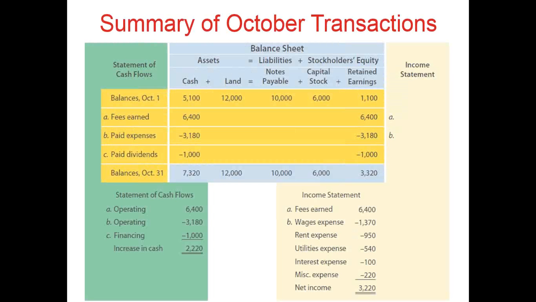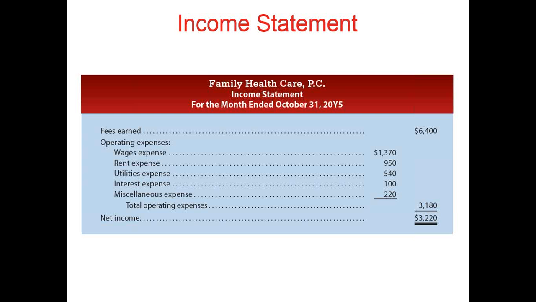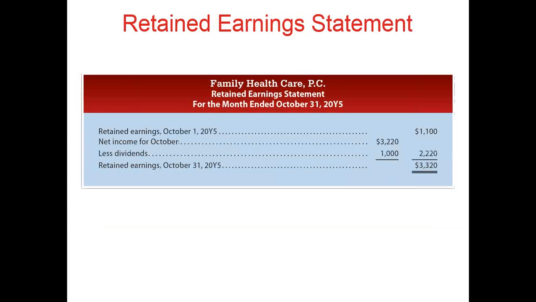We have the income statement, and remember, this is just for the month of October. The entries from September do not come into play here. Our statement of retained earnings, and note, we have beginning retained earnings, which we did not have in September because it was their first month in business.